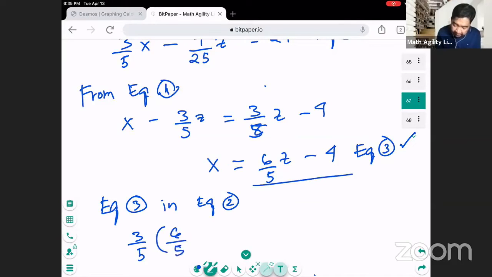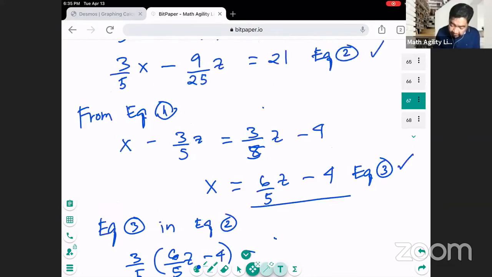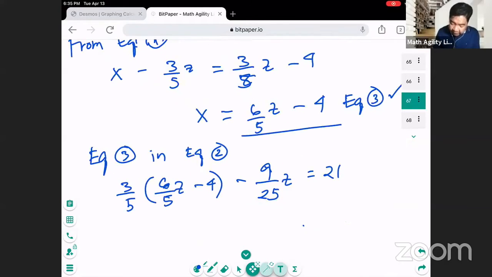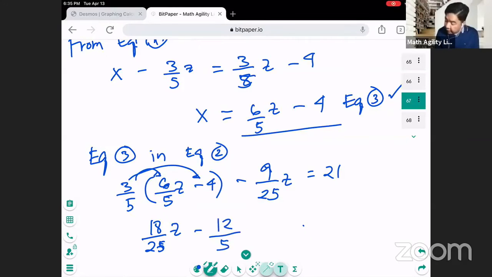We eliminate the variable x from the equation, minus 9/25z is equal to 21, right? Okay, so let's distribute the 3 here. So this would be 18/25z. And then the other one here, which is negative 12/5. And then minus 9/25z equals 21.